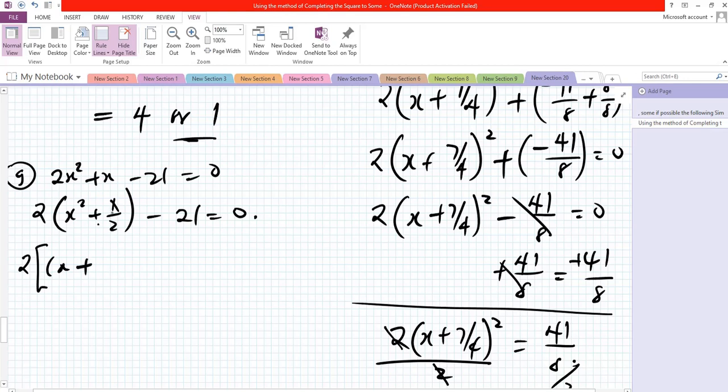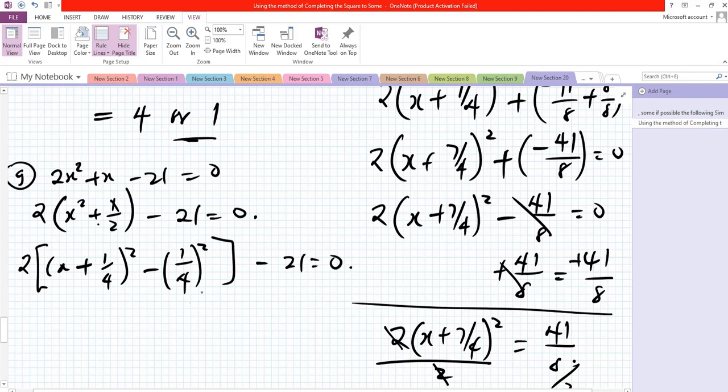Now half of the coefficient of x is 1 over 4. Now say all squared minus 1 over 4 all squared minus 21 equal to 0.